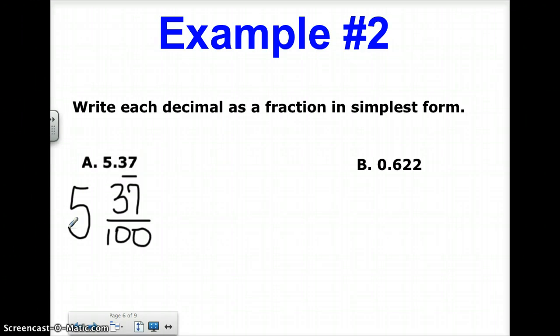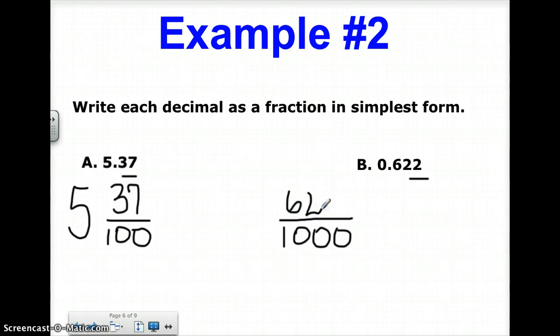Moving on to letter B. The last digit is located in the 1,000ths place. There's my denominator. Anything to the right of the decimal point is my numerator. What number will divide evenly into 622 and 1,000?